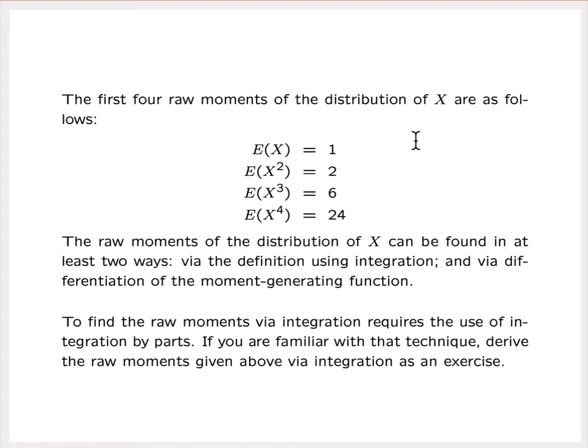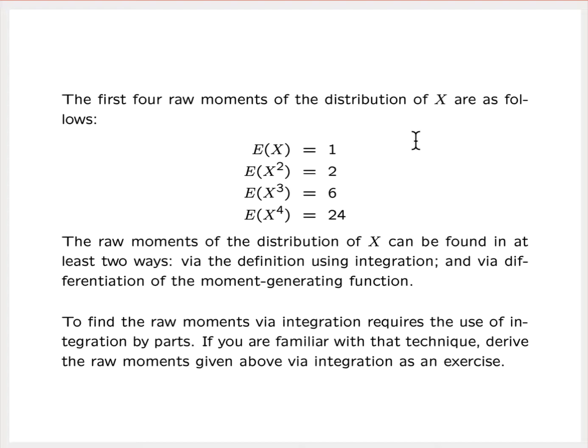Now, what are the moments? Eventually we want to calculate the mean, the variance, the skewness, and the kurtosis for this distribution, and we're going to be using the expansion formulas to do that. And so we would need the first 4 raw moments.